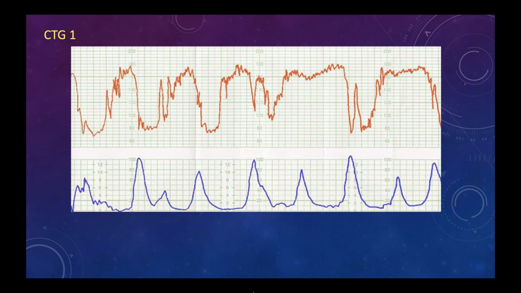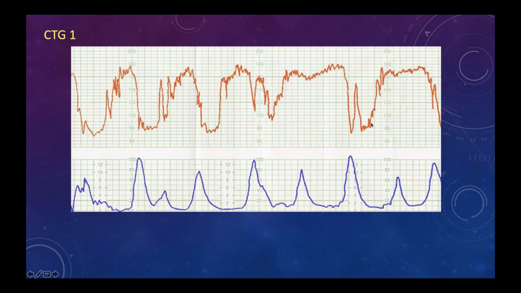As the baseline is 170 here, there are no accelerations actually. There are decelerations we can see. No accelerations. There is nothing above 170.